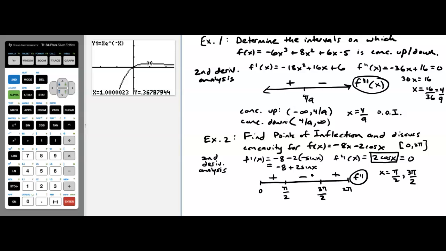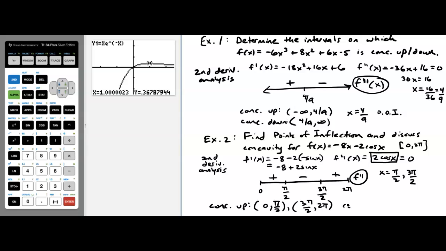So you could see here that we have a function that is going to be concave up on the intervals from 0 to pi over 2, as well as from 3 pi over 2 to 2 pi.